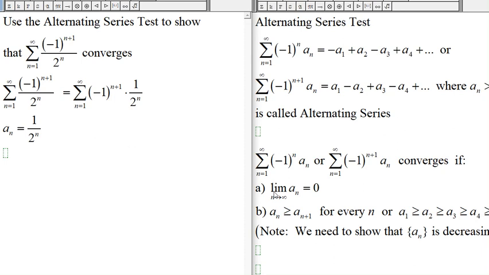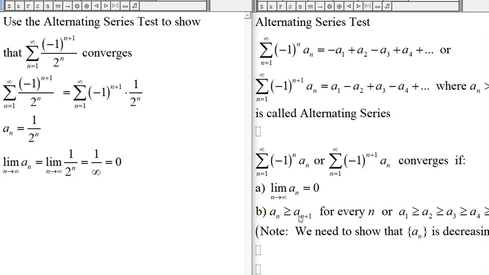And then we need to show that the limit of a sub n is equal to 0. So this would be 1, and as n approaches infinity, 2^n also approaches infinity. And so we get 0. So we have shown that the limit of a sub n is equal to 0.